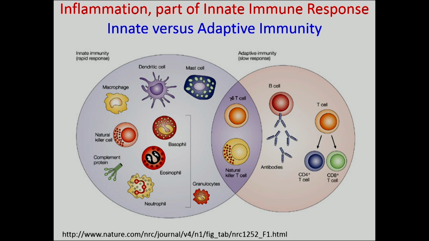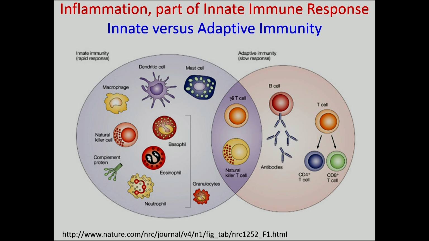It's something that's designed to protect us against invasion of foreign pathogens or during certain kinds of injury. One has an innate immune response, a very fast response, where cells like macrophages, eosinophils, neutrophils are recruited to the area where the infection is happening.